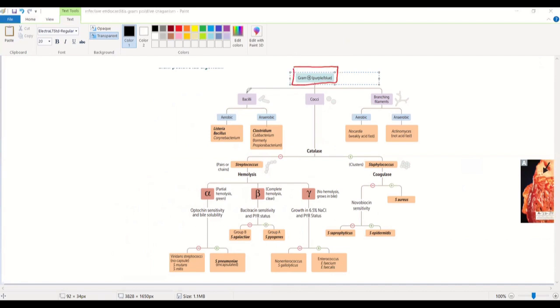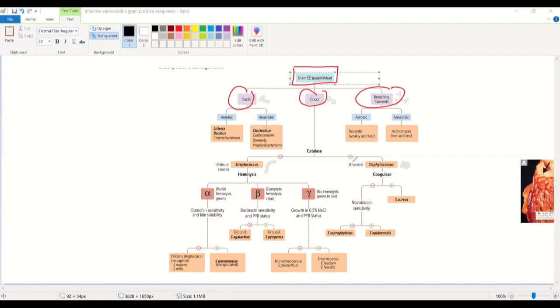So it divides into the bacilli, cocci, and branching filament. So I am talking about only the bacteria that lead to bacterial endocarditis. I am not going into detail on the gram-positive bacteria. We will discuss these bacteria in detail.